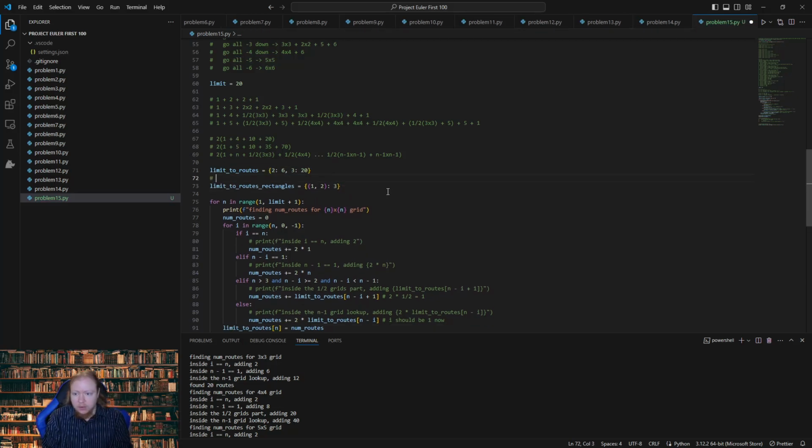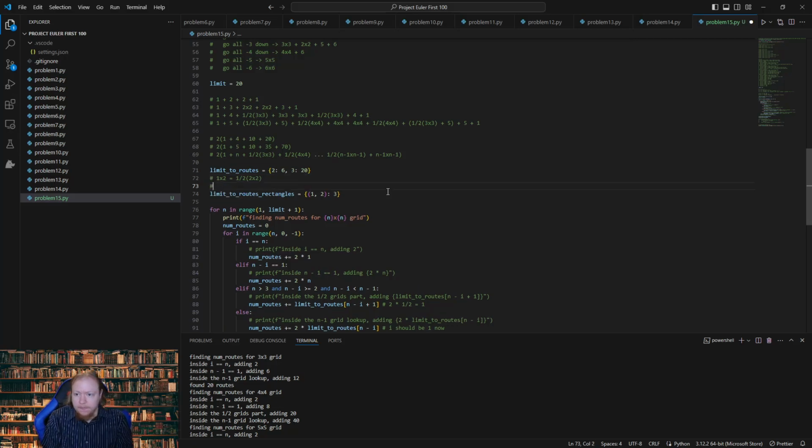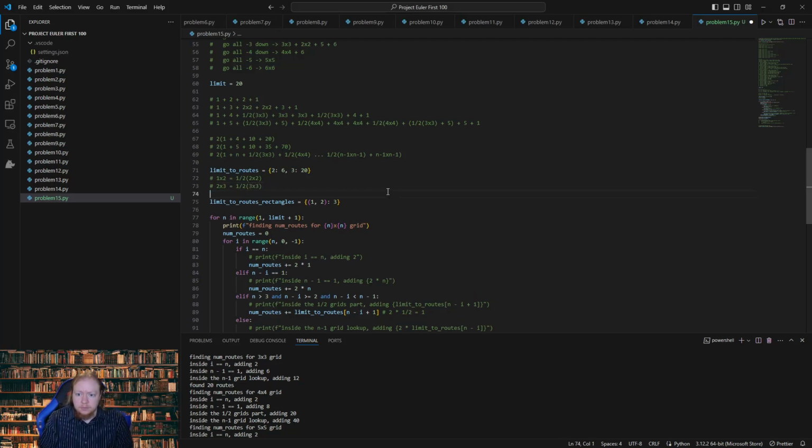And I am once again going to start with the comment. 1 by 2 is equal to 1/2 of the... Okay. Fingers are not cooperating. 2 by 3 is equal to 1/2 of a 3 by 3. 3 by 4 is equal to 1/2 of a 4 by 4.